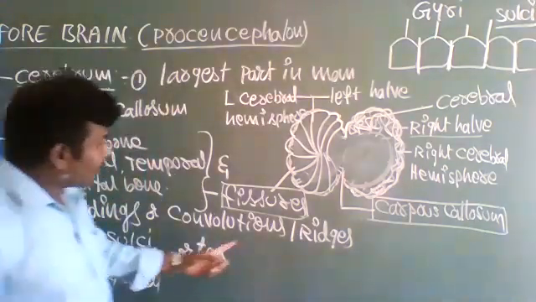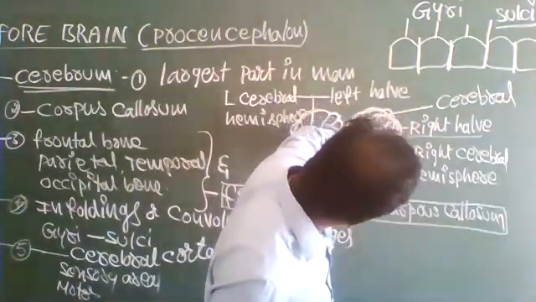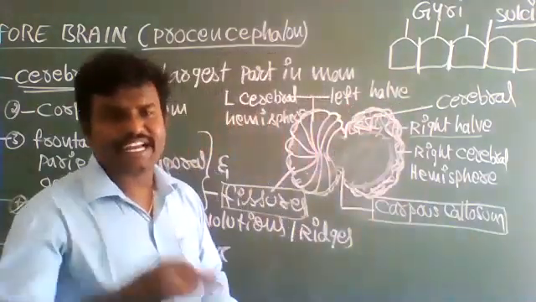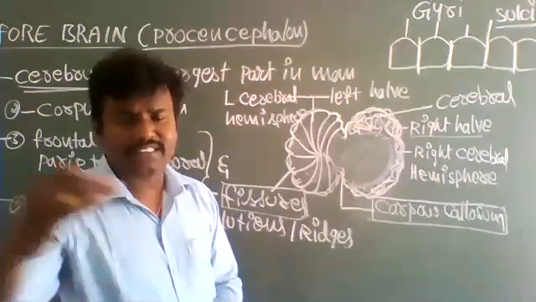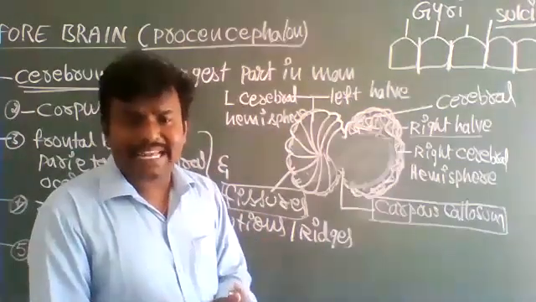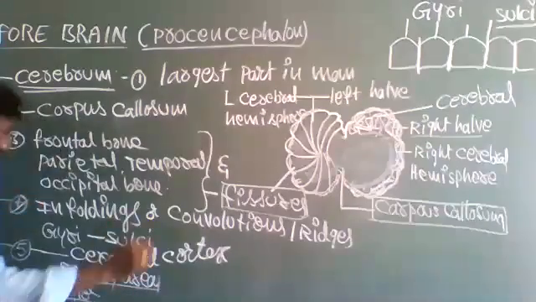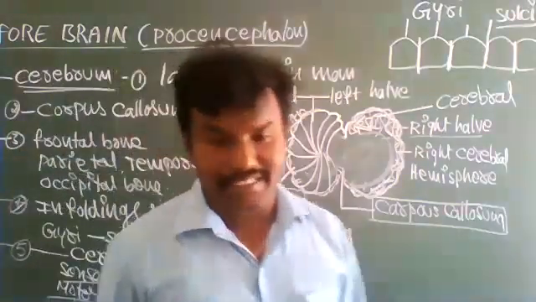This region is called cerebral cortex. It consists of different kinds of areas, mainly classified into three types: sensory area, motor area, and associated areas.